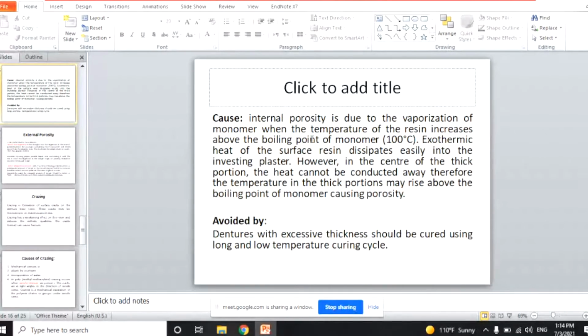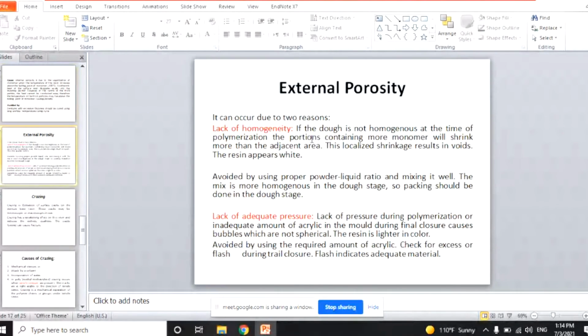How do you avoid the porosity? The denture must be cured as long as possible with the prescribed curing cycle. External porosity can occur for two reasons. Number one, lack of homogeneity.